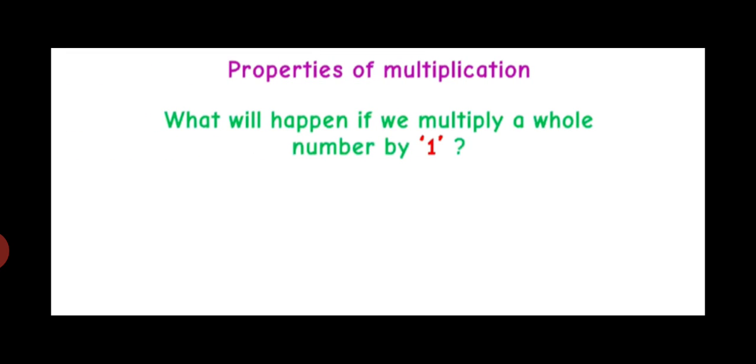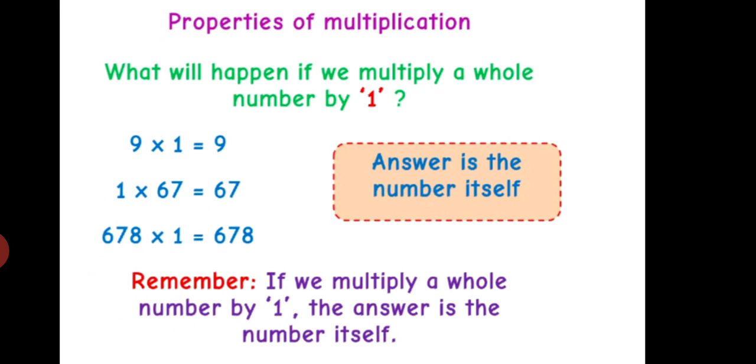Next, what will happen if we multiply a whole number by 1? Let's see. Here, if we multiply 9 by 1, we shall get 9. 1 by 67, we shall get 67. And if we multiply 678 by 1, we shall get 678.